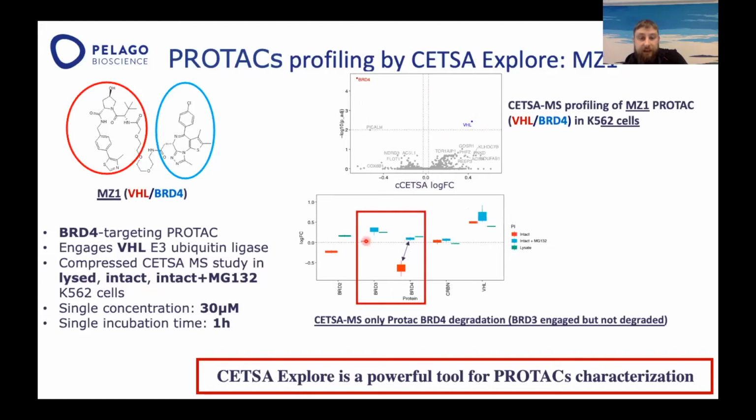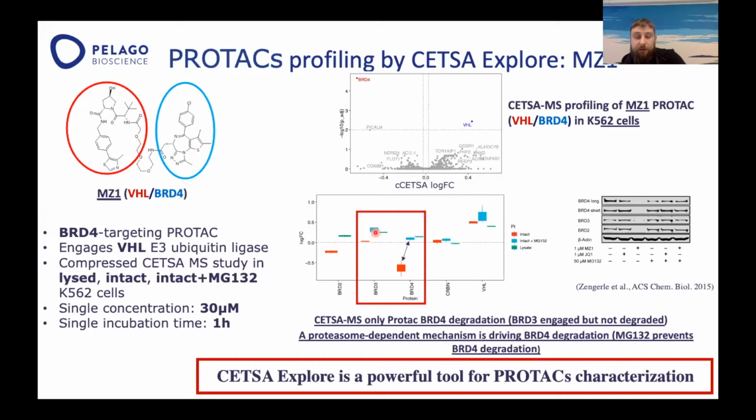What we also see is not only the BRD4 protein level goes down, but also BRD3 and BRD2. And for BRD2 and BRD3, we see both compound-induced degradation, but also stabilization of the proteins upon the binding to the PROTAC molecule. And this, of course, goes in line with the previously published study.